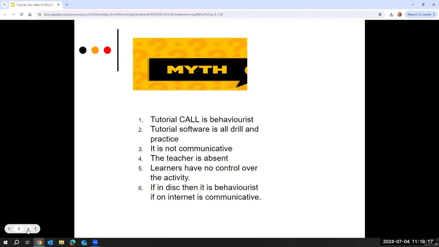And therefore there's no room or opportunity for discussion or conversations. Another myth is that it is not communicative. That links to the previous two points that we mentioned, and that learners have no control over the activity.